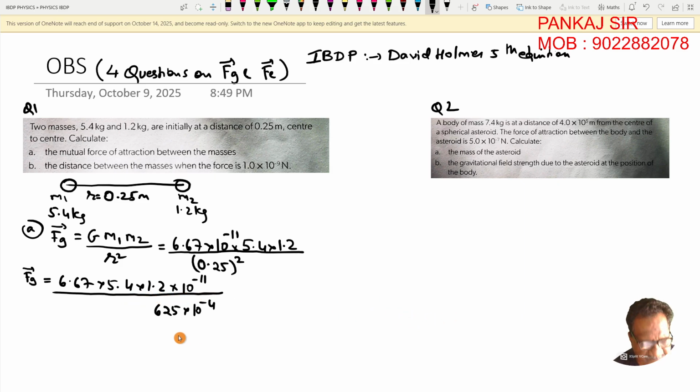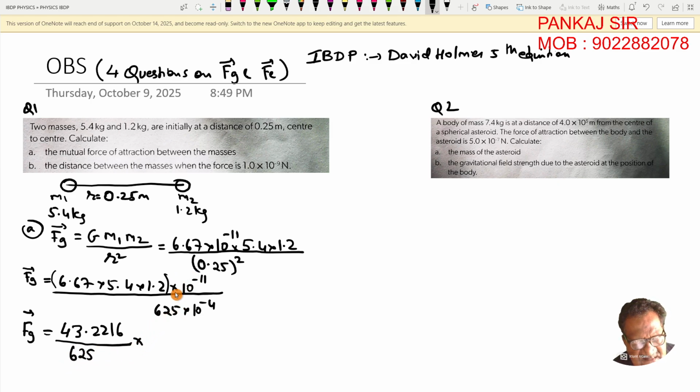Now your Fg will be equal to, if you work out this part, 43.2216 divided by 625, times 10 raised to minus 11 upon 10 raised to minus 4, which can be written as 10 raised to minus 11 plus 4.